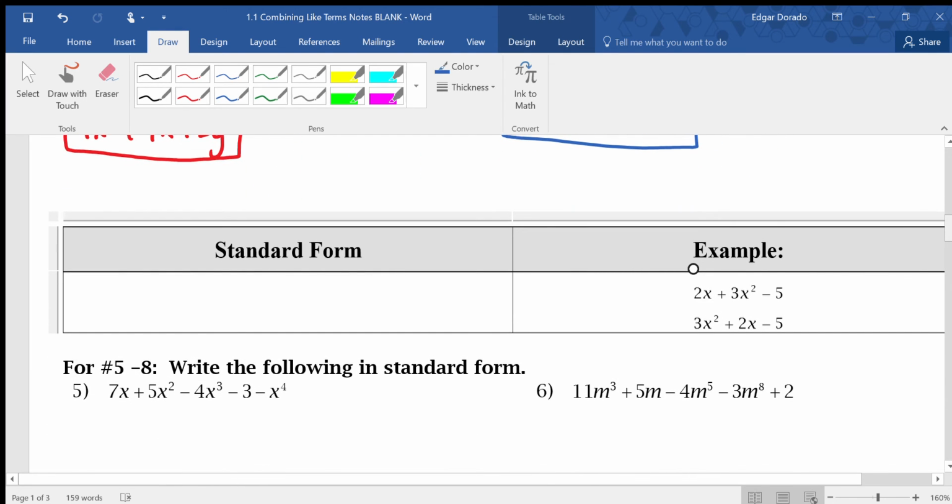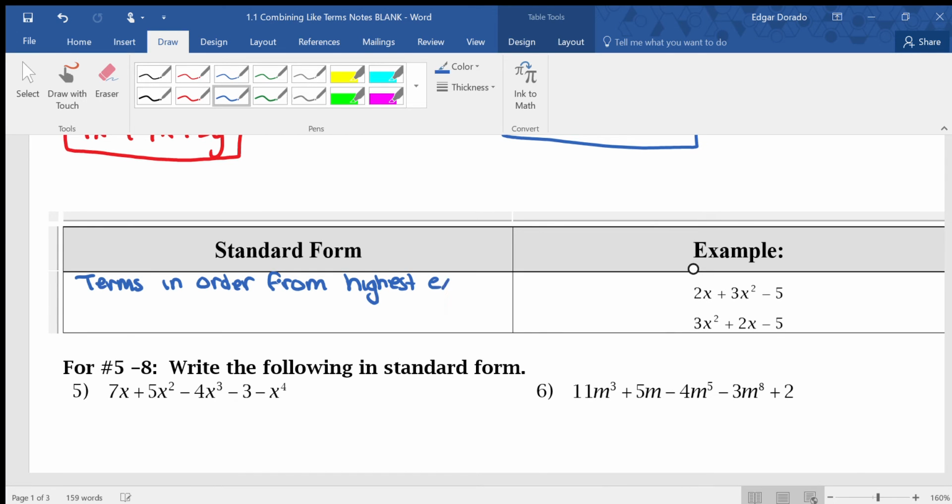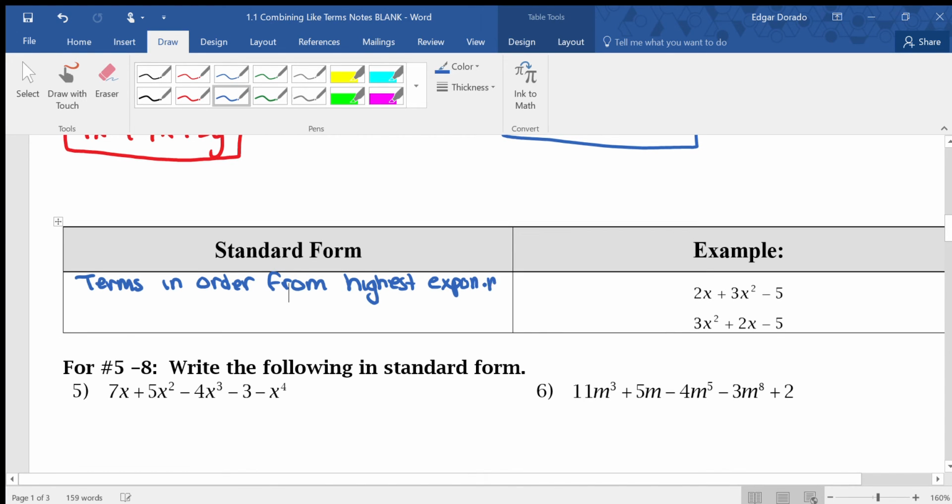Standard form is just terms in order from highest exponent to smallest exponent.